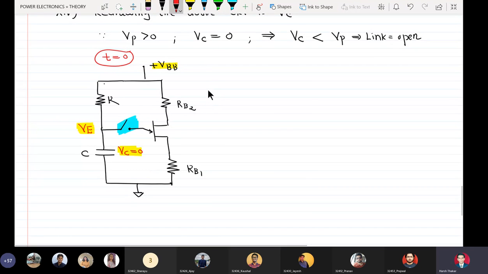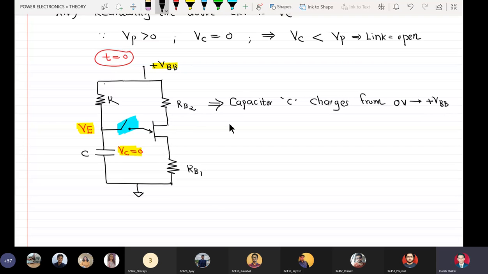So here, because the link is open, the capacitor C charges from 0 volts towards VBB with a time constant tau equal to RC.